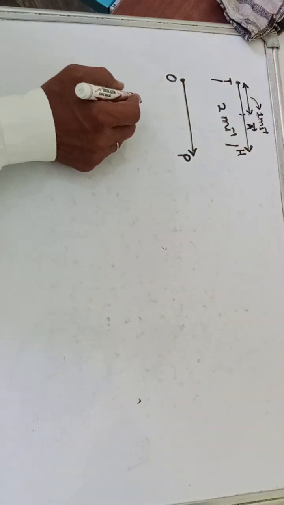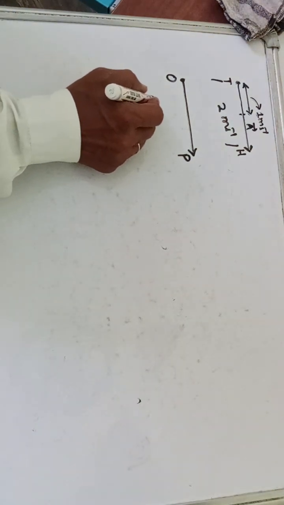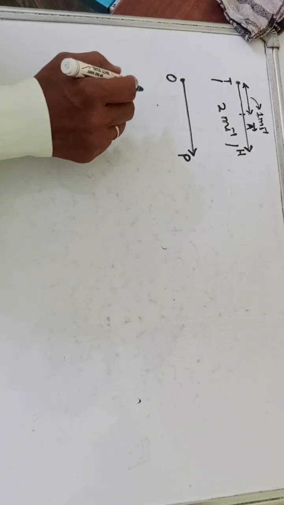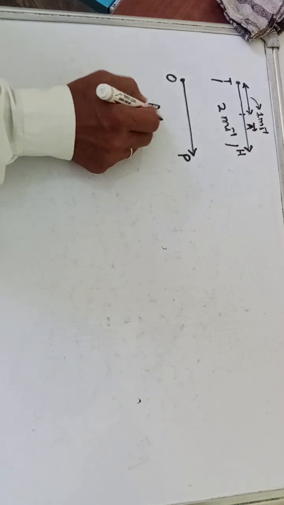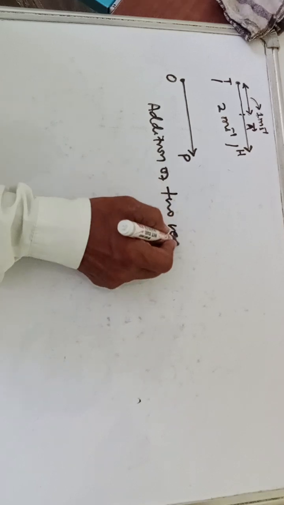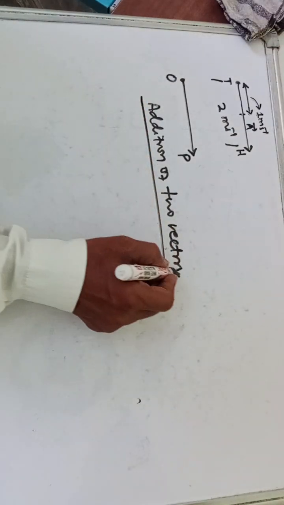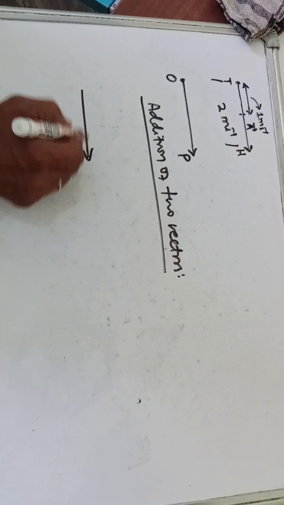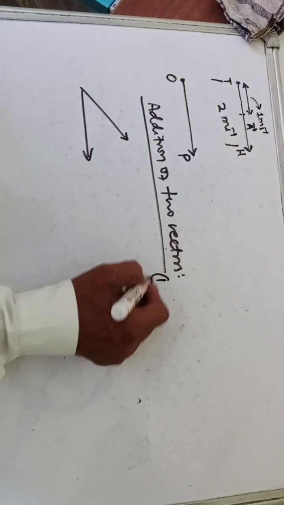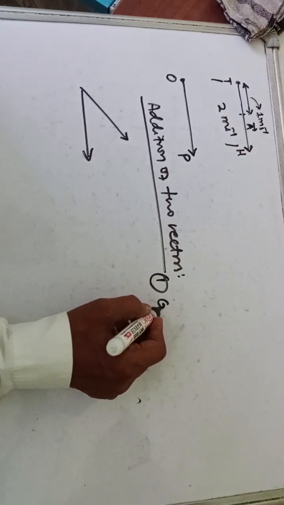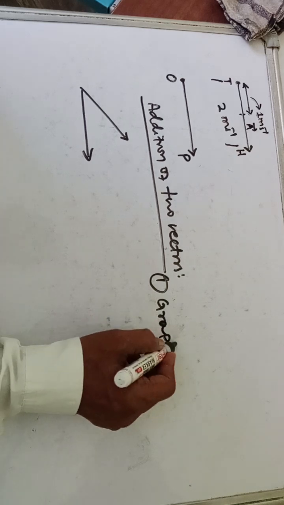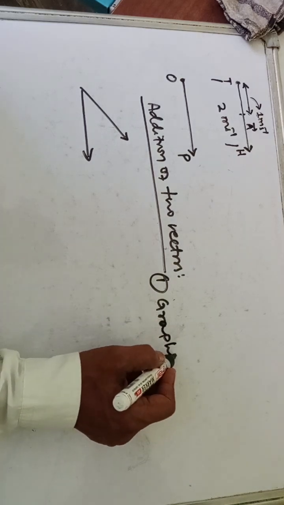Now we can add these vectors graphically or geometrically. You can say addition of two vectors using different methods. One is the graphical method.